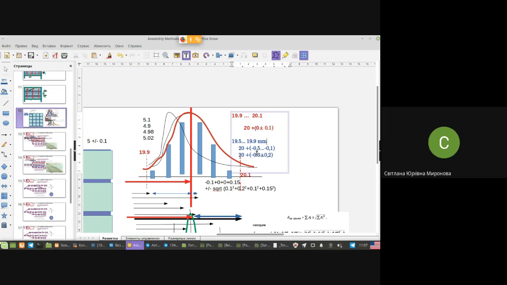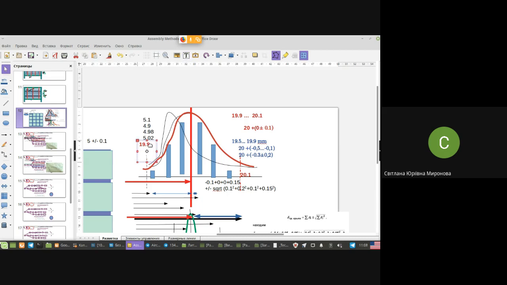Next, how may we write down this demand of the designer in another way? We may write it like this: 19.5 lower deviation, 19.9 upper deviation. Yes?